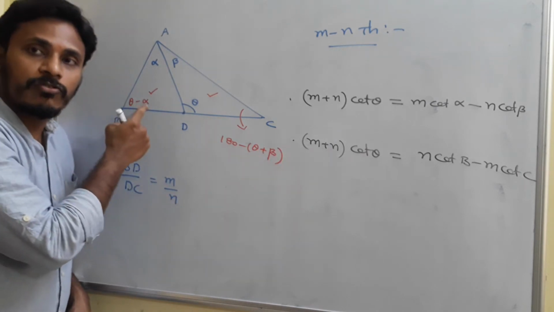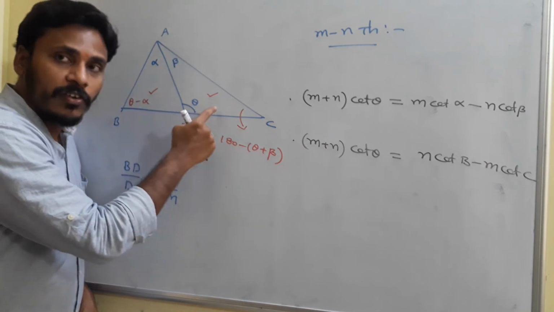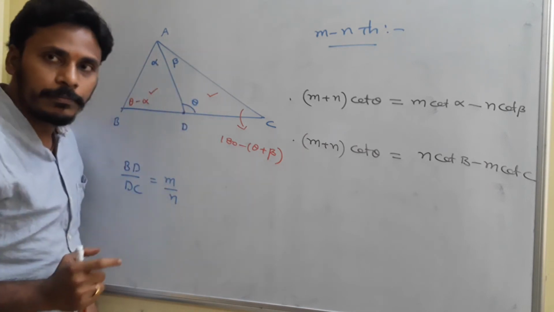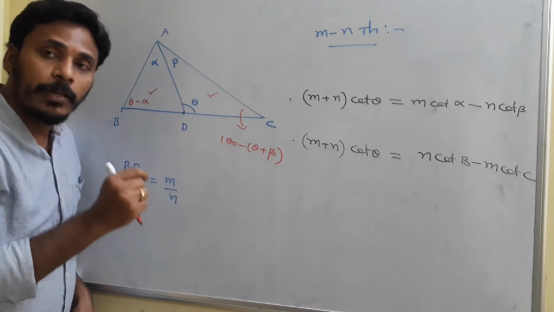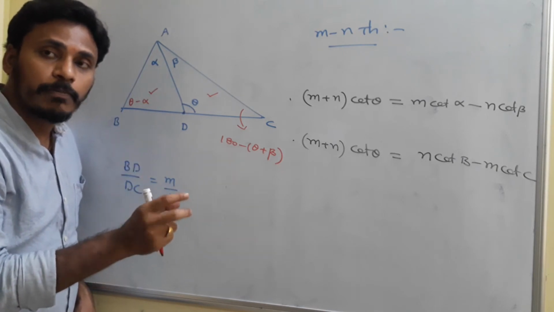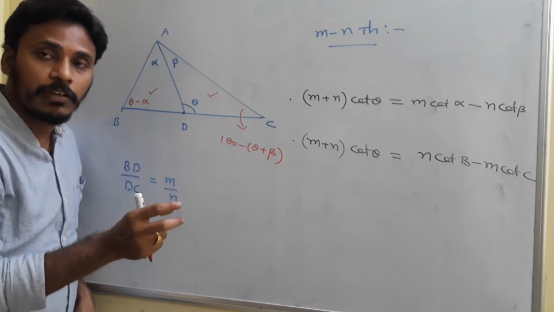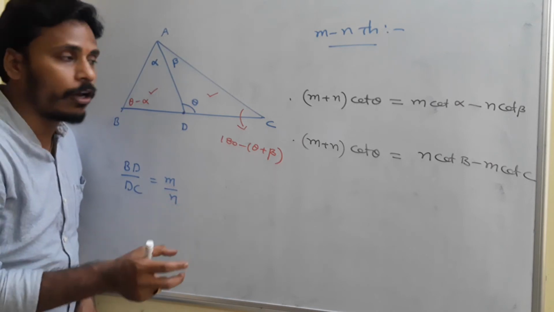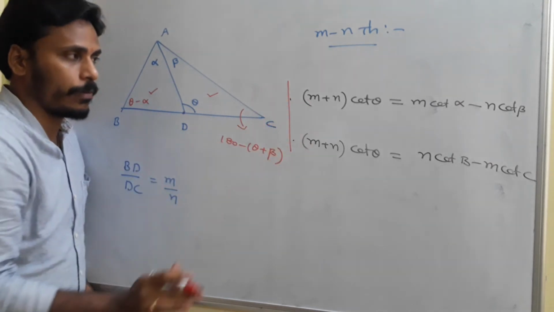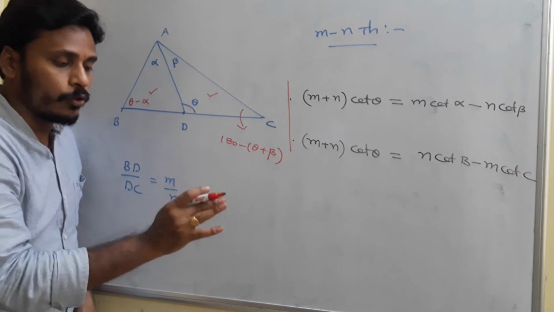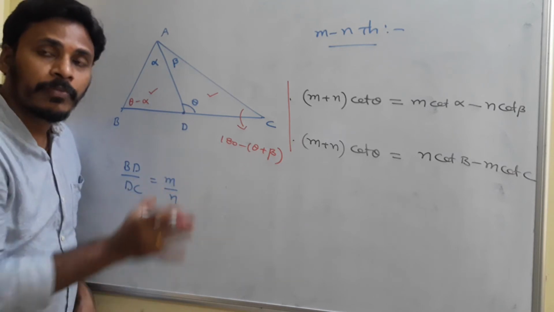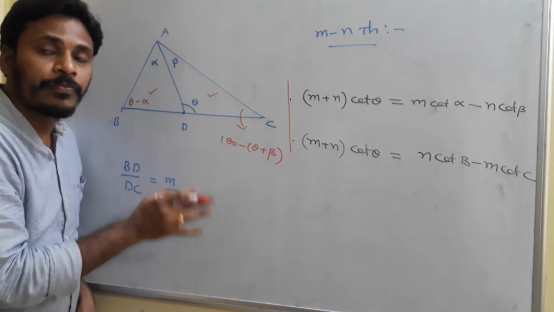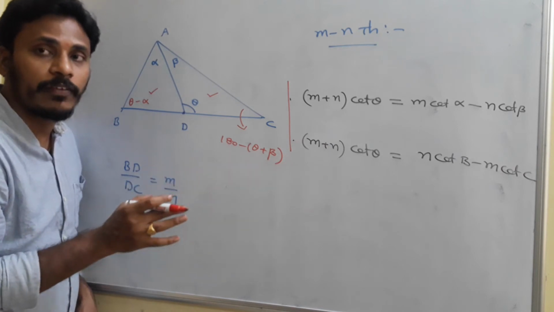Apply the sine rule for this triangle, apply the sine rule for that triangle, eliminate AD. Okay, and on eliminating AD with some algebraic simplification with the help of trigonometric formulas, you get these two statements. At the end, if you leave the proof part and concentrate on the statement, this statement helps you in solving different problems.